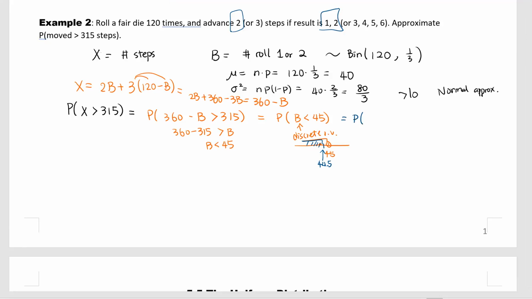So this is the probability of Y less than or equal to 44.5, where Y is the normal random variable, a continuous random variable. After we get a normal random variable, that's not enough; we need to change it to the standard one. You subtract the mean, which is 40, and divide by the standard deviation, which is the square root of the variance. And we do the same thing to the 44.5.